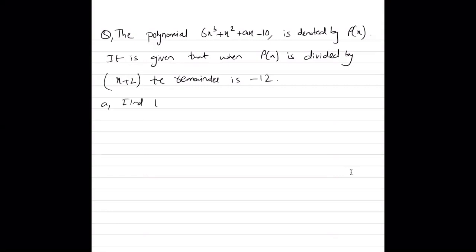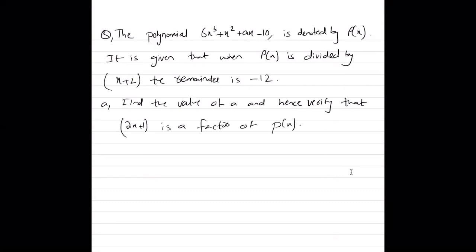Find the value of a and hence verify that 2x plus 1 is a factor of p of x. Part B is when a has this value, solve the equation p of x equals 0.